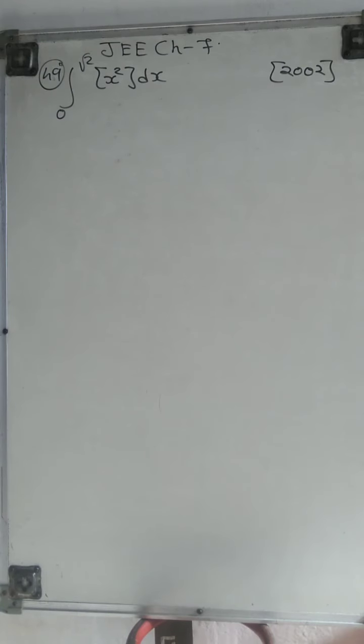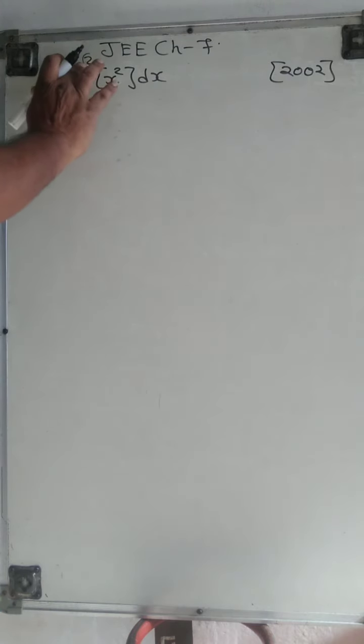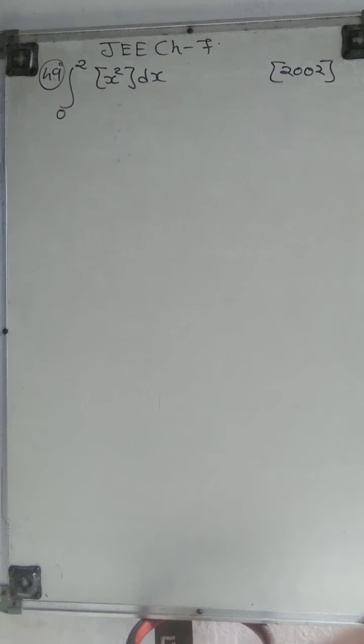Next sum: the integration of 0 to root 2 of [x²] dx. This is not root 2 but only 2. The integration of 0 to 2 of the box (greatest integer) of x² dx is dash. This is also a 2002 question.